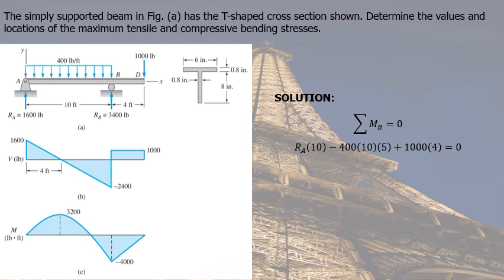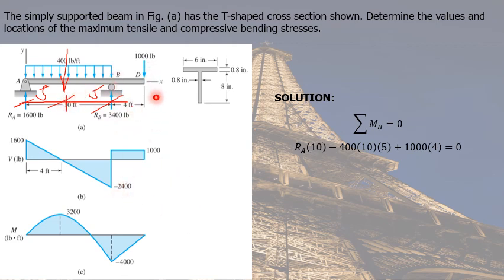If we try to sketch that, it acts at the midpoint of 10 feet. So that from point A and point B, it is located 5 feet from point A and 5 feet from point B. And about point B, this resultant force tends to rotate counterclockwise, hence negative, and its perpendicular distance from point B is 5 feet.